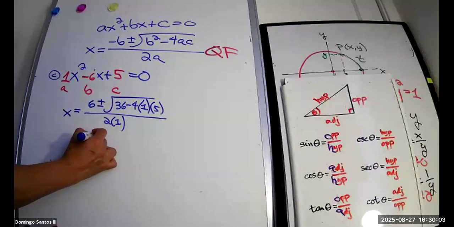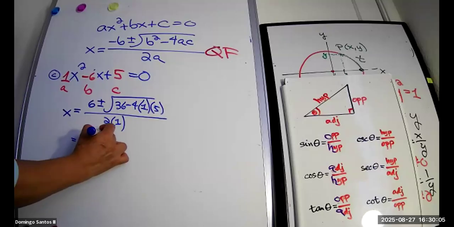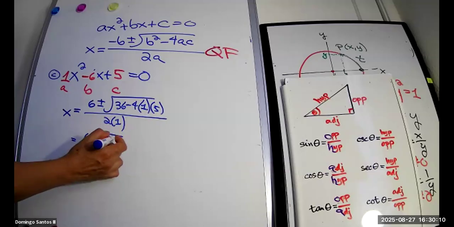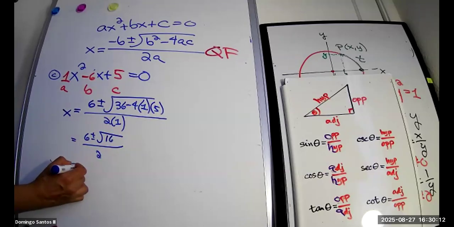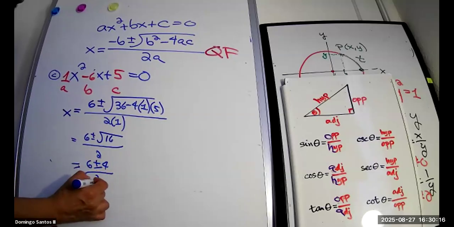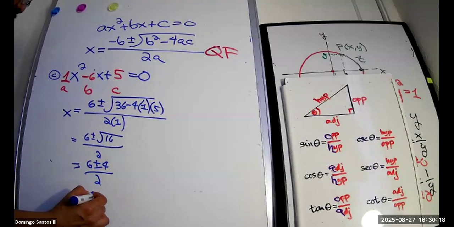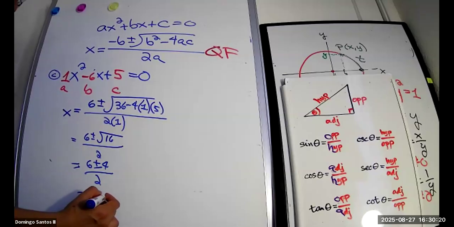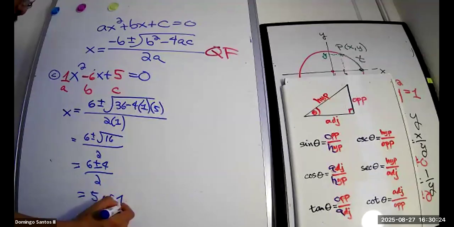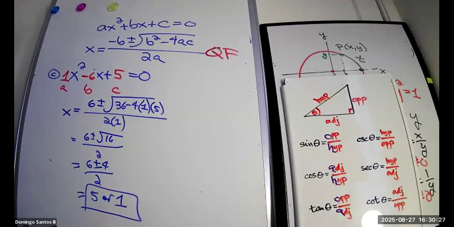It is 6 plus or minus the square root of 16 over 2. So this is 5, 4, 1. Did you get 5 or 1, Jessica? Yeah, I got x is equal to 1 and x is equal to 5.